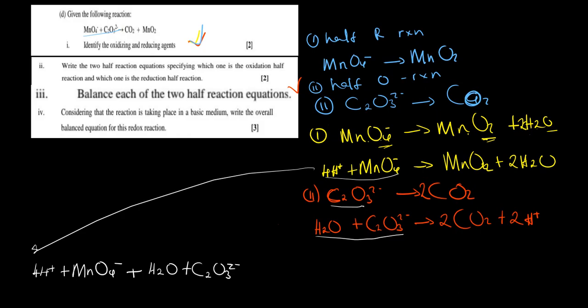Equal to, I'll get also for these. So those are the product side. On the product side now I'm getting manganese, then oxygen, then plus H2O, then plus these ones now.